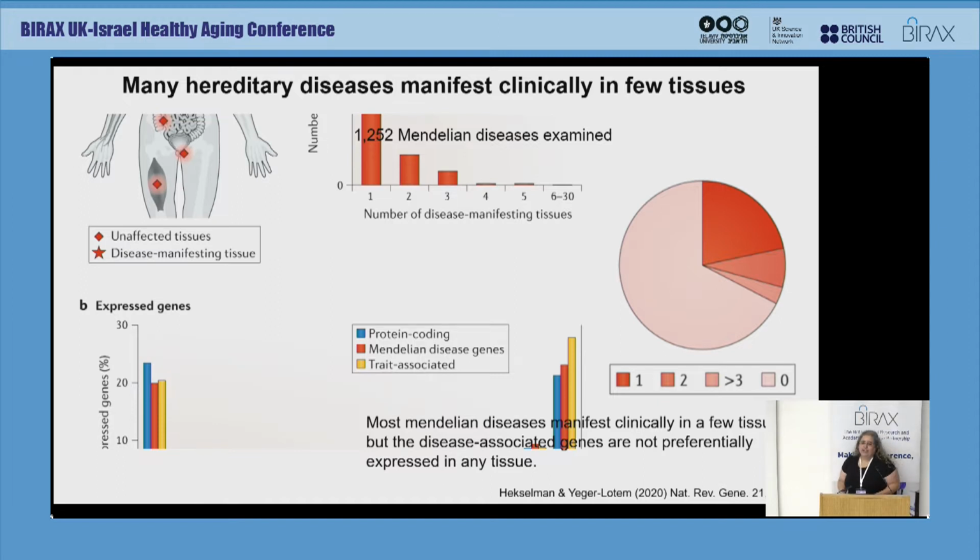Many diseases are actually manifesting clinically in one or a specific number of cells. It's very common in many diseases and very common when we look at age-associated diseases. Neurodegenerative diseases are a great example of that.